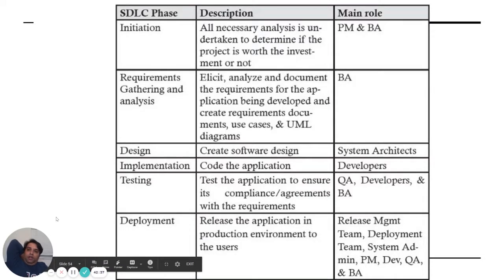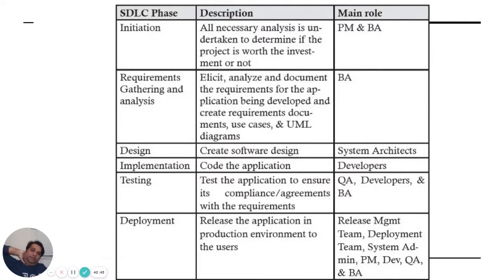So this is the table for whatever we talked about in SDLC, and you know who has the main role in these particular phases, right? So whoever is responsible: initiation, the project manager is the main responsible person. Sometimes BA, sometimes not. Requirement gathering, 100% business analyst.